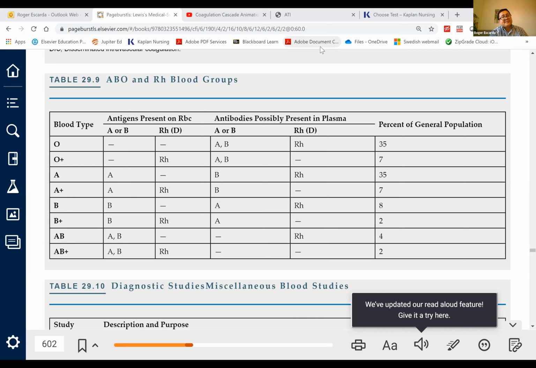antibodies against it. So the concept of Rh negative versus Rh positive is all about sensitization. If this is the first time I'm receiving it, meaning I haven't been sensitized to it yet, meaning I have not developed any antibodies, I will not attack it this time because this is the first time.